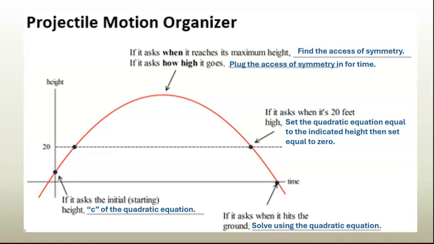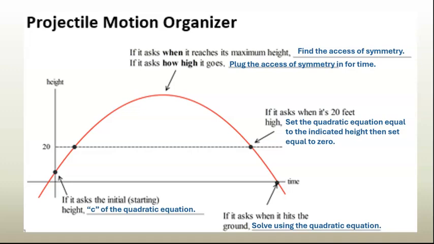That's the one that scares students, but it's actually not as complicated as it sounds. Essentially, you're setting the quadratic equation equal to an indicated height, then setting it equal to 0, which is pretty standard procedure.